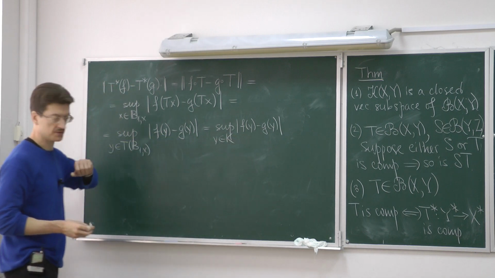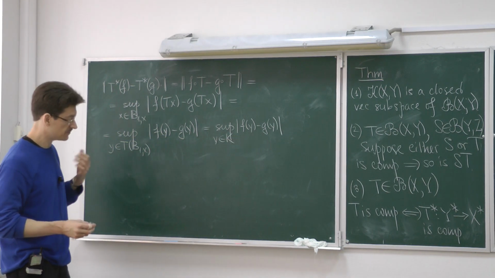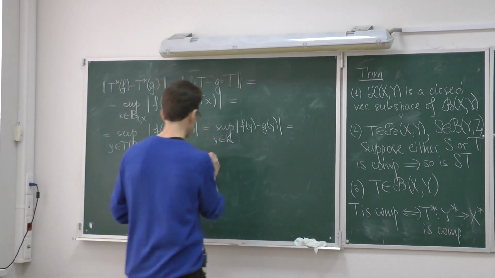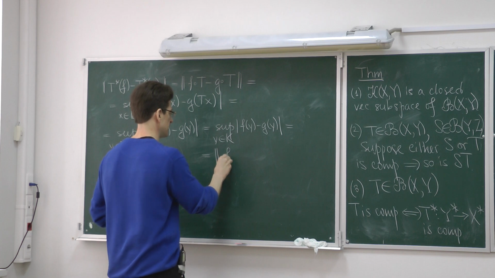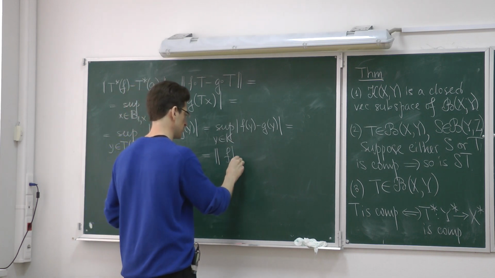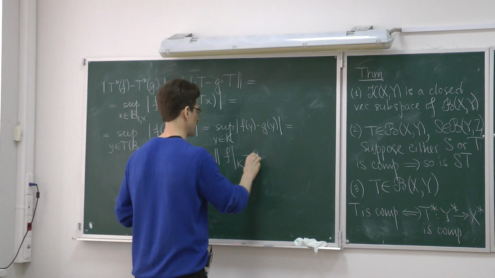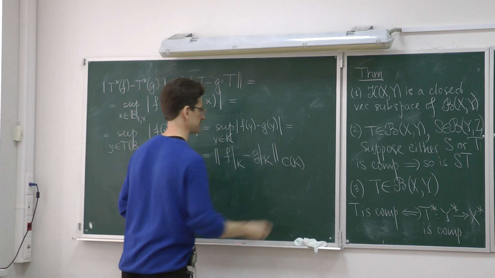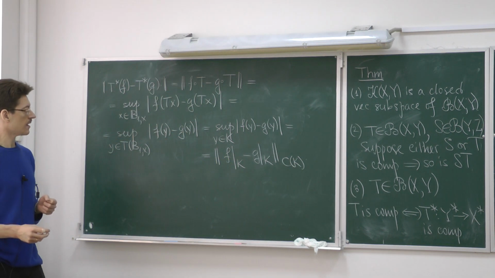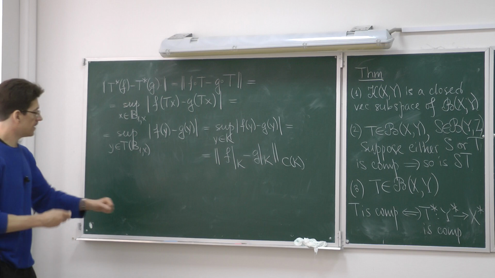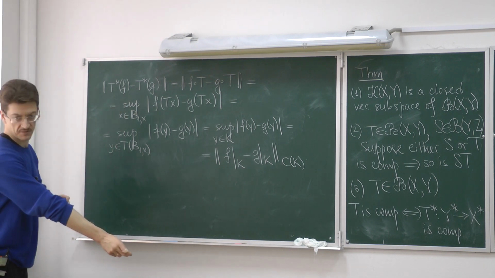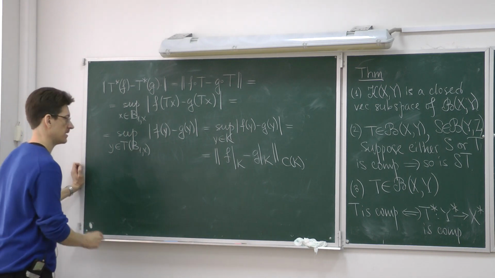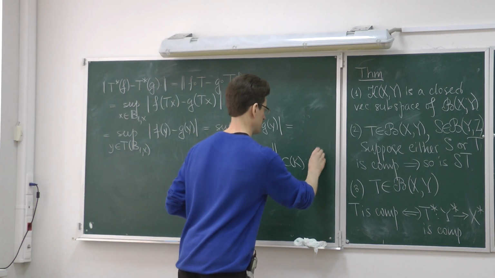And this is nothing but the distance between f and g in the space C of K of continuous functions on K. Or more exactly, not between f and g, but between their restrictions to K. Okay. What can we deduce from this calculation? Let's denote this formula as 1.